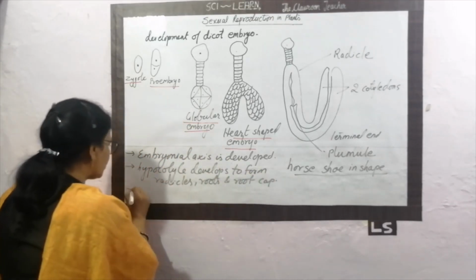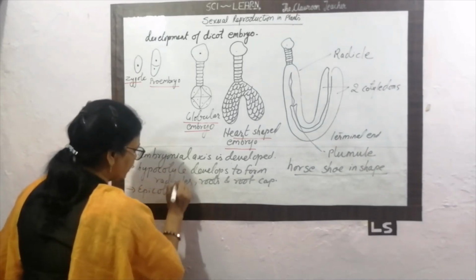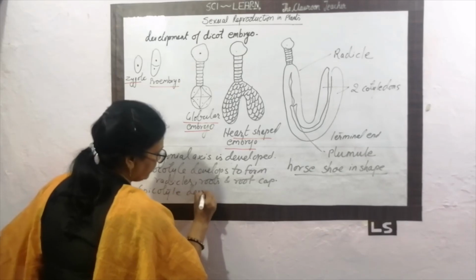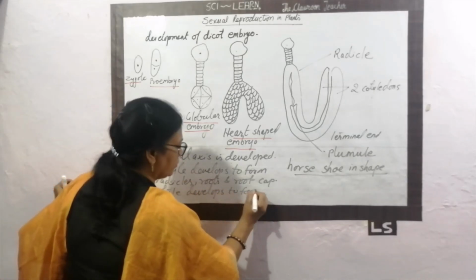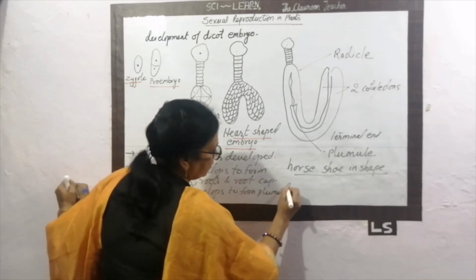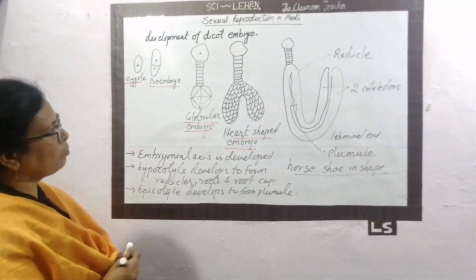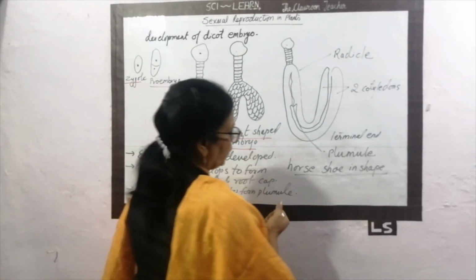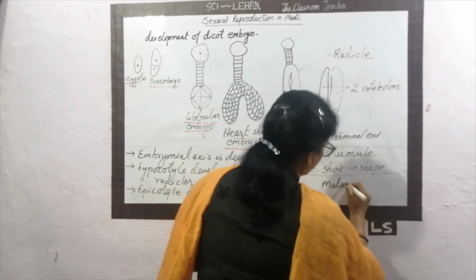What is the role of the epicotyl? The epicotyl develops to form the plumule. This is called the mature embryo. It's horseshoe in shape, and this is called mature.